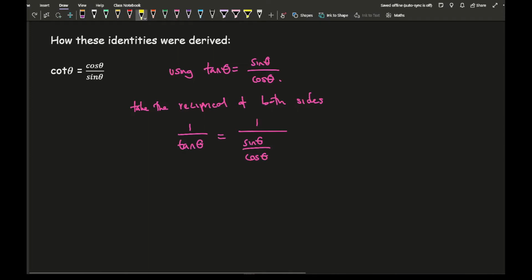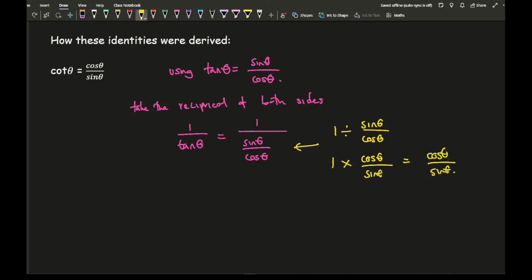Now, if I take the right hand side to begin with, this is basically 1 divided by sine theta over cos theta. Well, when you're dividing, we just simply flip the fraction and turn the divide into a times. So it's 1 times cos theta over sine theta, which is then just cos theta over sine theta.